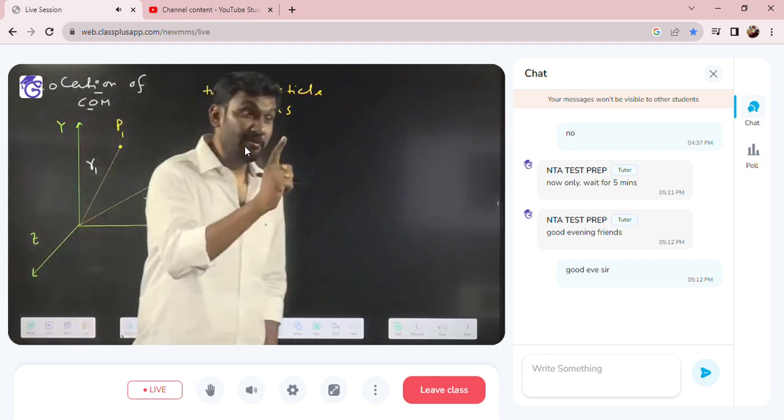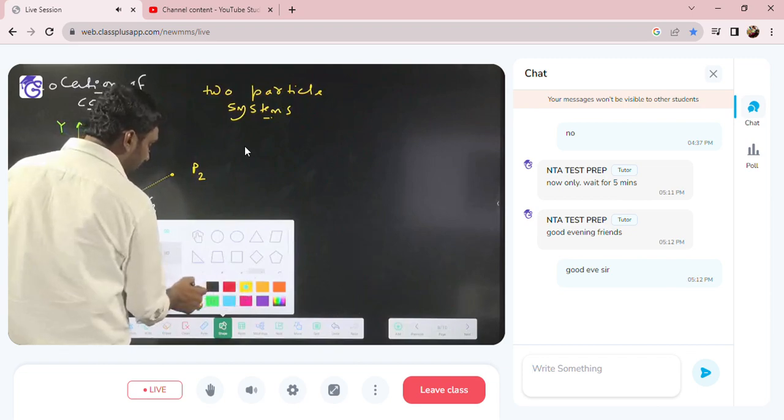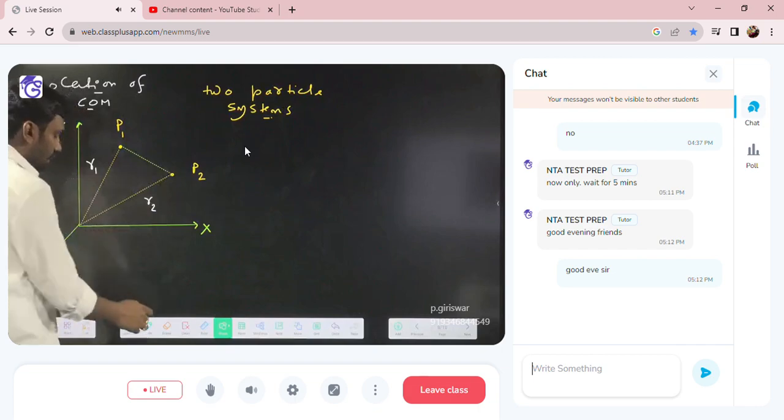What is very important for all of you to remember is that the center of mass will always be along the line joining these two point masses.